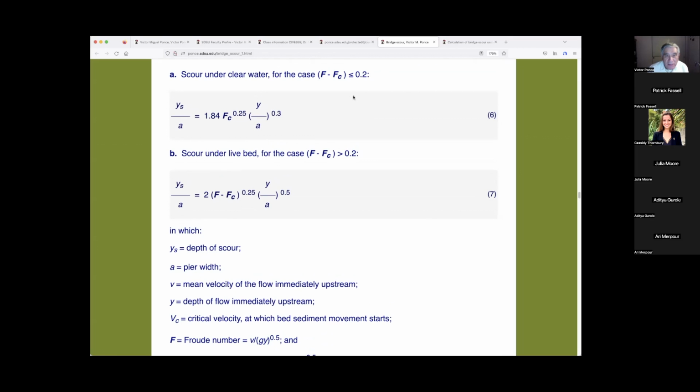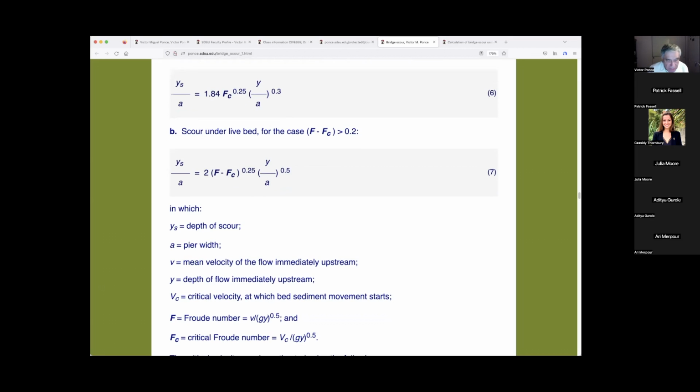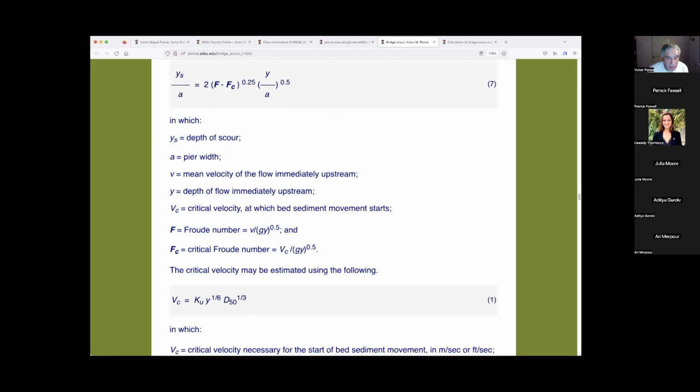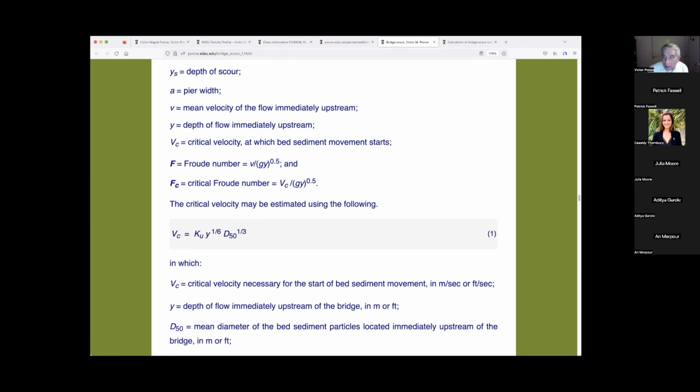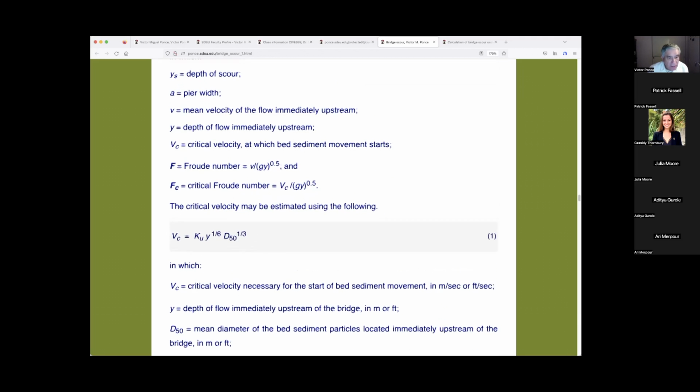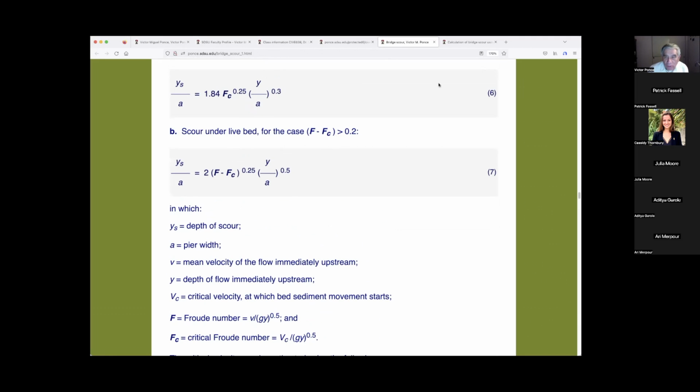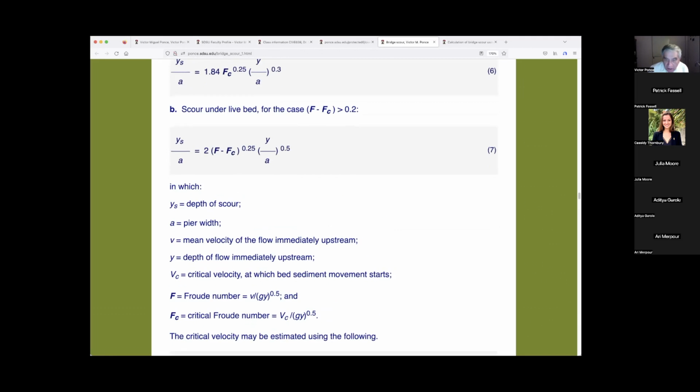For the case, this is a limiting case, F minus F sub C. F is the Froude number and F sub C is the critical Froude number, which is calculated based on the critical velocity. We also have the critical velocity calculated by this formula, which we already have explained, and that's the reason why we have equation 6, equation 7, and then equation 1.